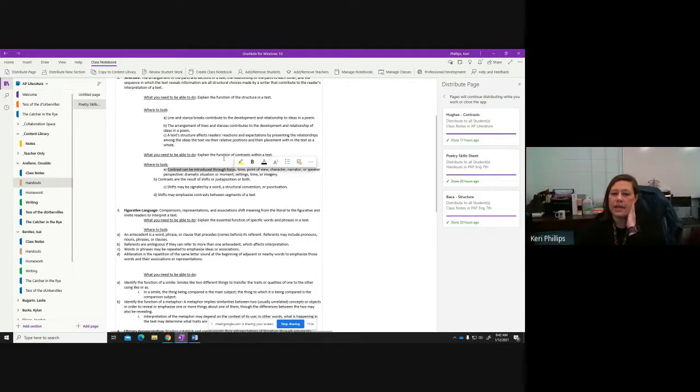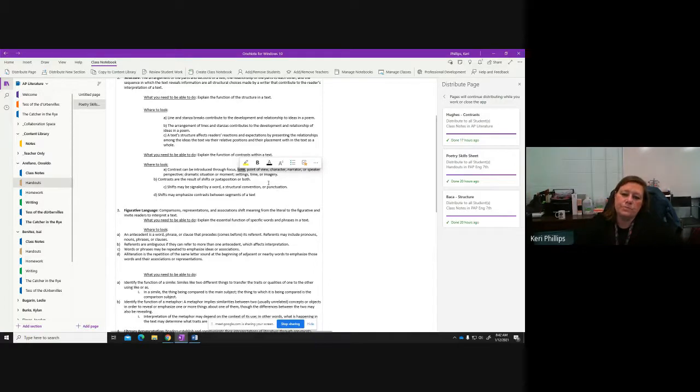Also, to understand the job of contrast, you can look at tone. Is there one tone in a stanza and then another tone in the next stanza, and they're contrasting? Is one tone sad and the next happy? Or is one tone sarcastic and the next genuine?